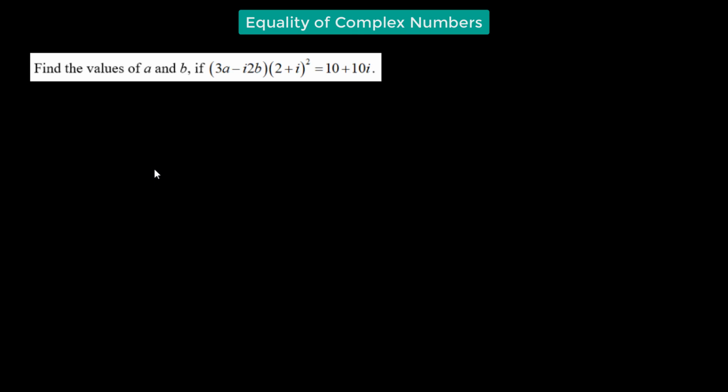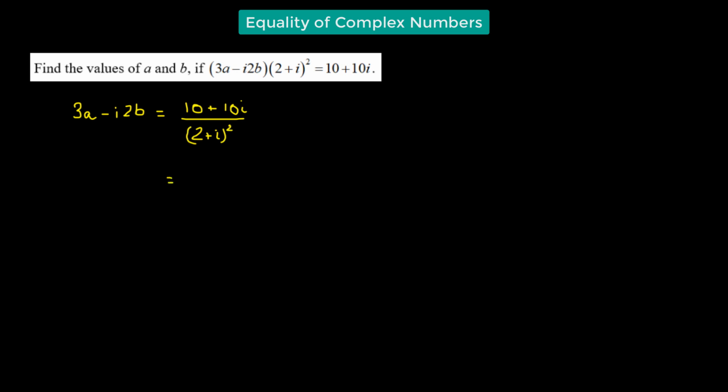So in this question we have to find the value of a and b. So let us rewrite the given equation as 3a minus i times 2b equals (10 plus 10i) divided by (2 plus i) whole squared.